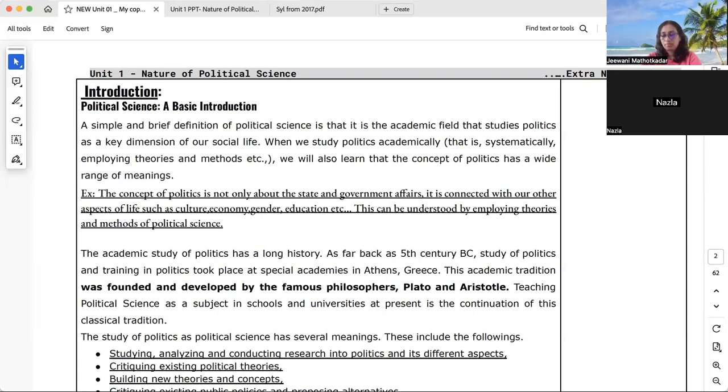Second one: Write two areas of our social life which are affected by politics.